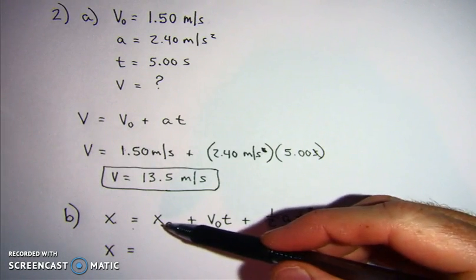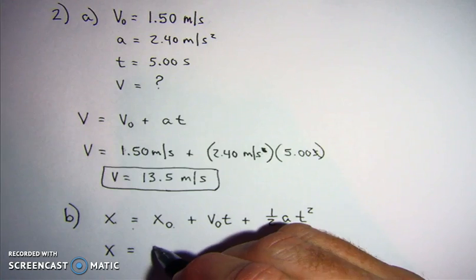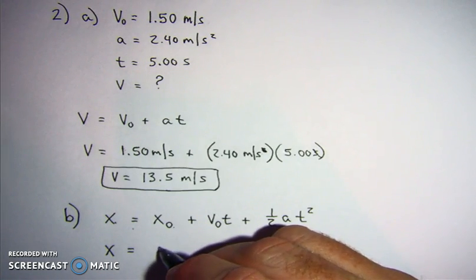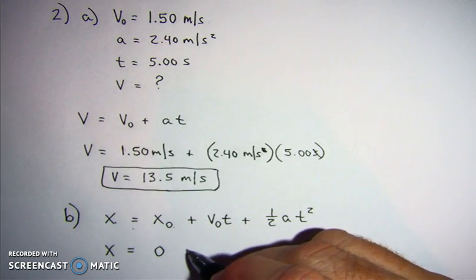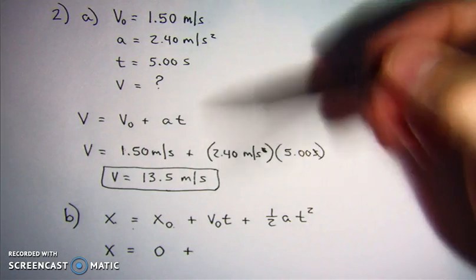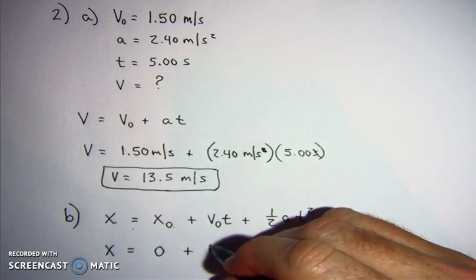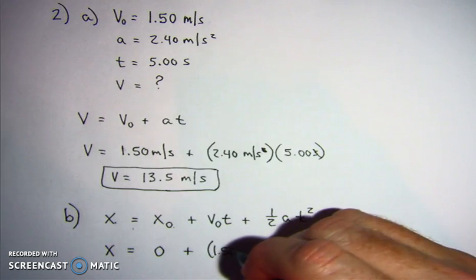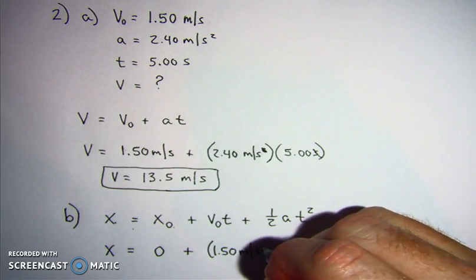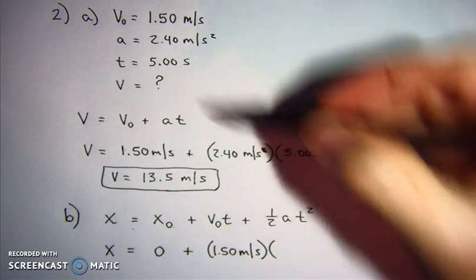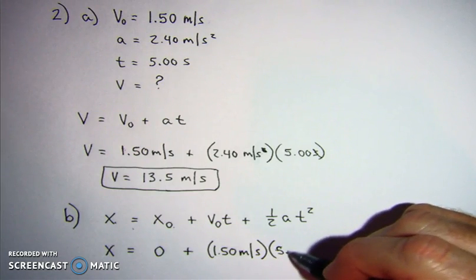So our initial distance is 0. We hadn't gone anywhere prior to that 5 seconds beginning, so our initial distance is 0, plus our initial velocity was 1.50 meters per second, times time. Time is 5 seconds.